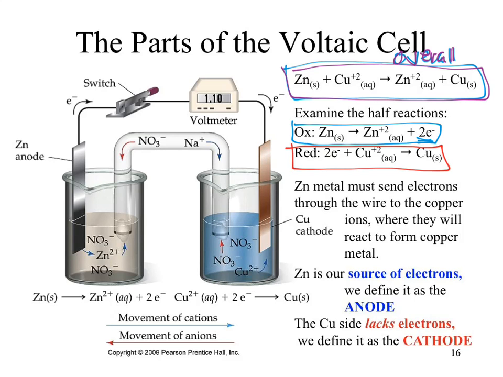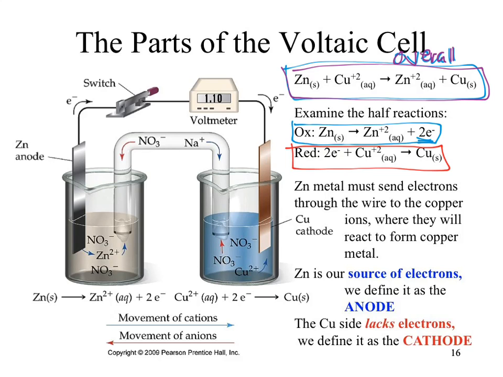The copper lacks electrons, so it starts drawing them towards it, and it becomes the cathode. So what's happening in the anode compartment? What type of reaction? Oxidation. Wondered where the color coding came from? Blue, right? Reduction, red.